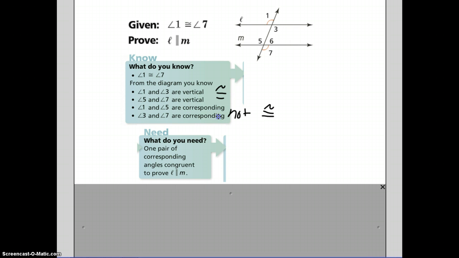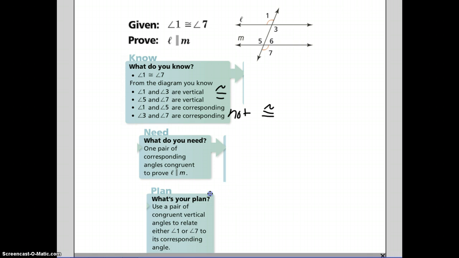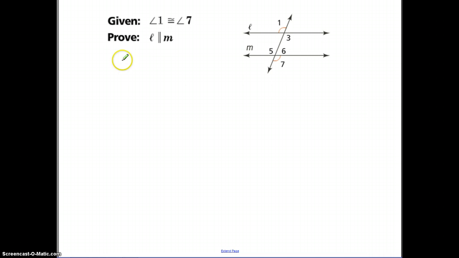So somehow or another, I've got to get 1 congruent to 5, or I need to get 3 congruent to 7. And so here's our plan. We're going to use a pair of congruent vertical angles to relate either angle 1 or angle 7 to its corresponding angle. So let's see how we do with that.